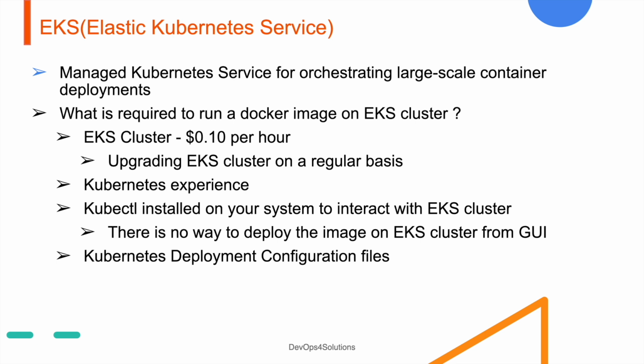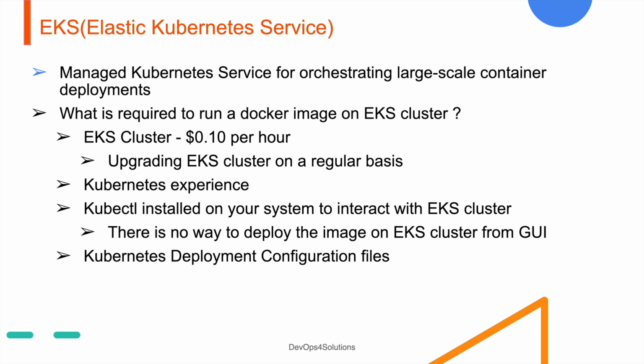Then you need Kubernetes deployment configuration files also, which are a little bit complex. With ECS, it is just normal ECS service resources, like AWS resources that you just need to create. But here you really need deployment configuration files. And if you use Helm, you need Helm deployment configuration files and knowledge of Helm.